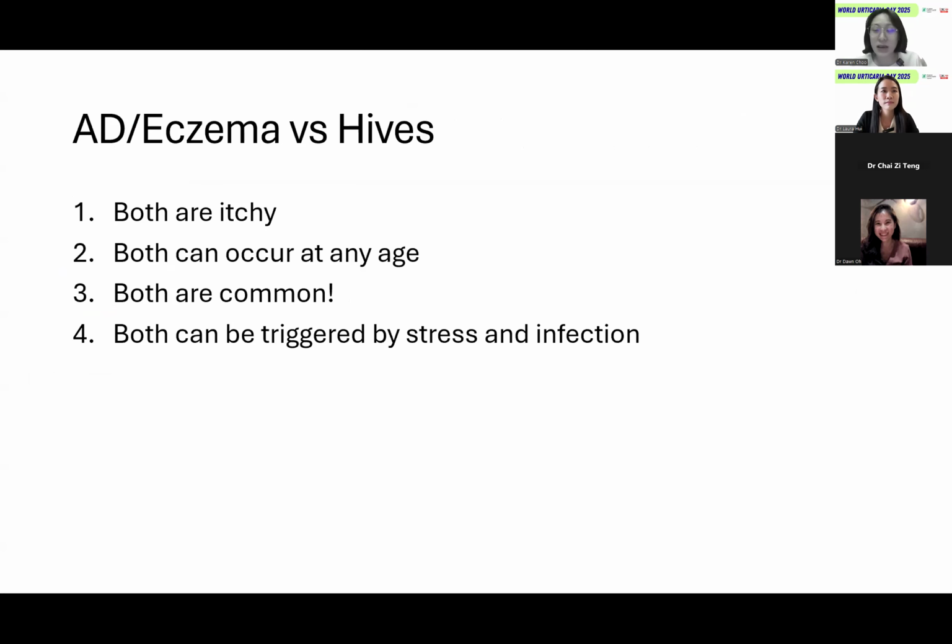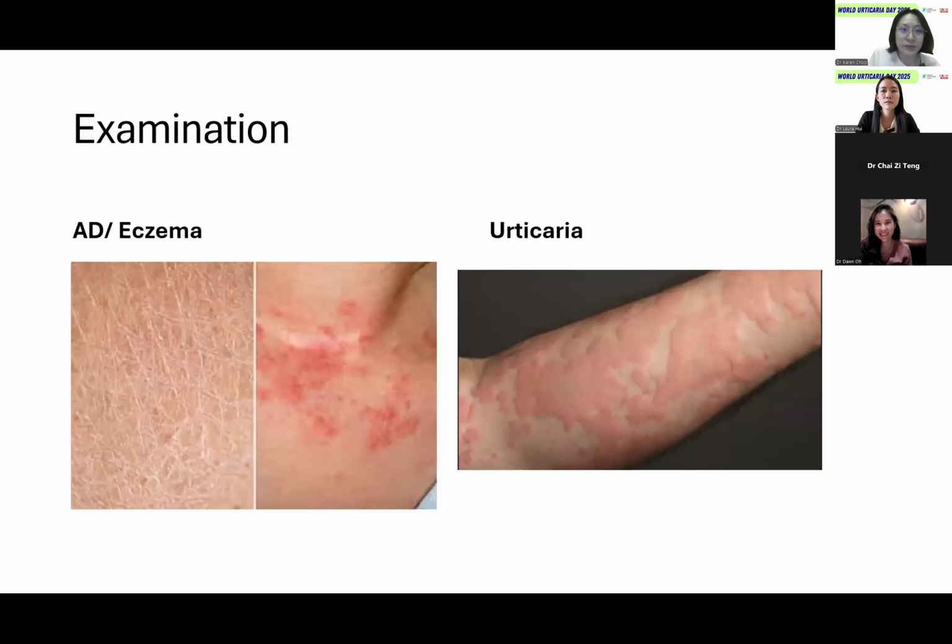Urticaria affects up to 10%, so does eczema. 1 in 10 school children will have eczema in Singapore. This is a Singapore study. 1 in 5 adults, so it's quite common. And these are the same figures for urticaria. 1 in 5 adults at any point in your life may experience urticaria. And sadly, both can be triggered by stress and infection. So when you're feeling the worst, that's when the skin may betray you by feeling itchy with red rashes.